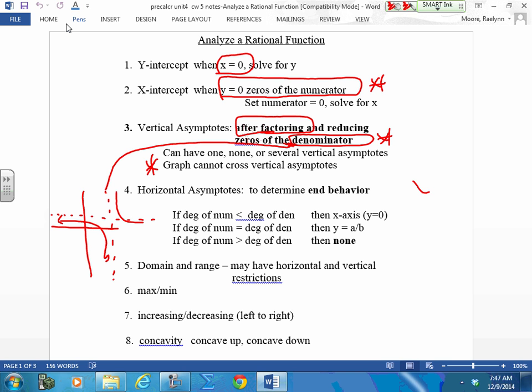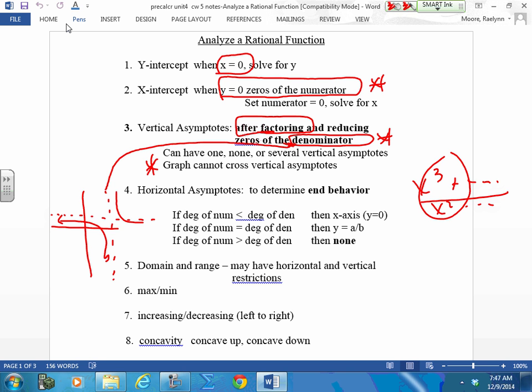For instance, say this is x to the third plus blah, blah, blah, and this is x squared minus da, da, da. We look at the highest exponent, and if the degree in the numerator is less than the degree in the denominator, then you have a horizontal asymptote at your x-axis, where your y is 0.